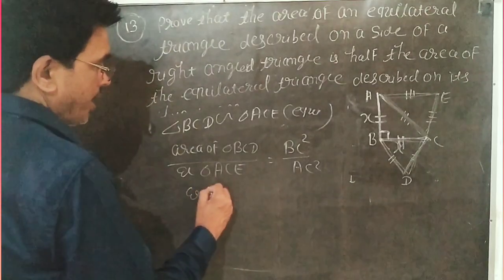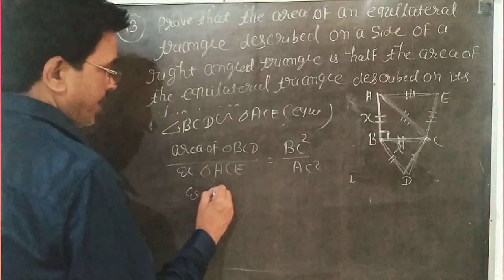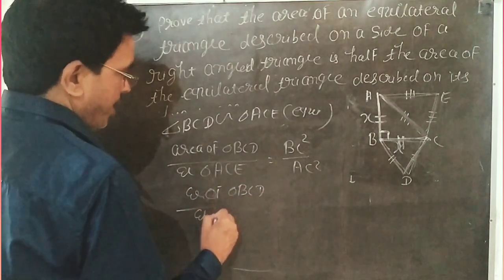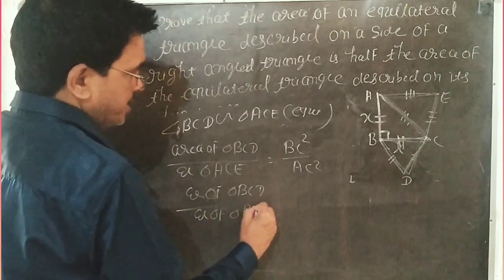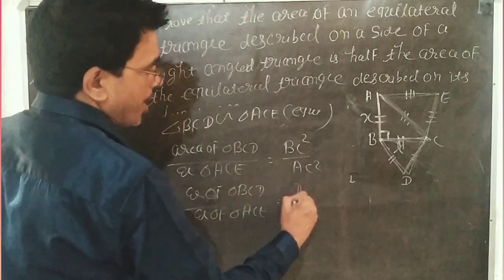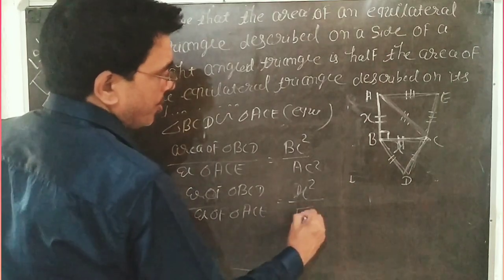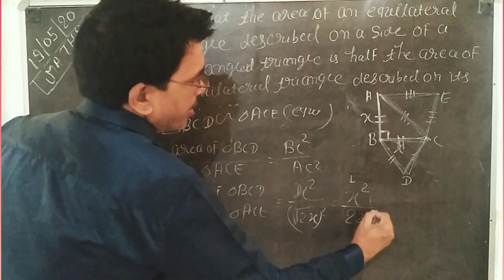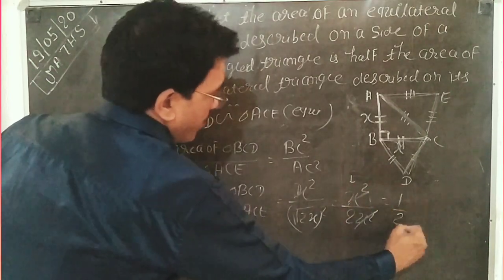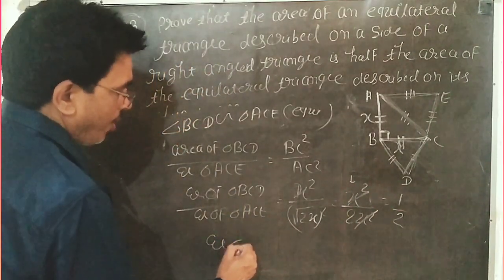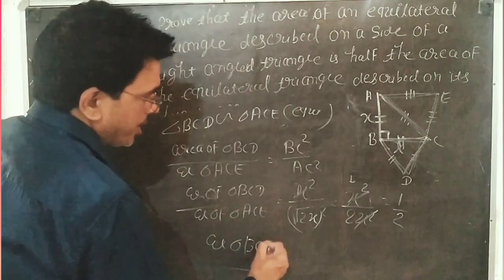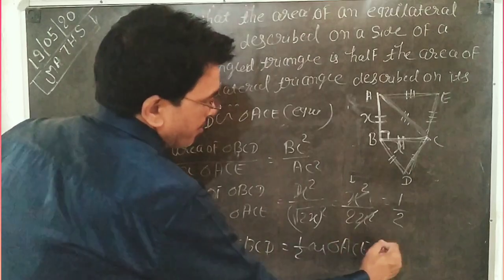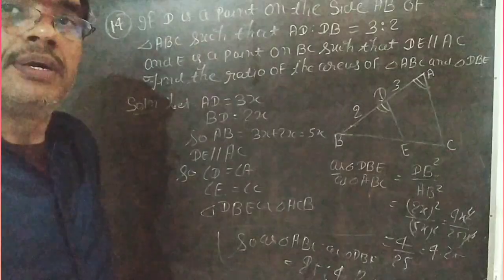So area of triangle BCD by area of triangle ACE is equal to x square by (root 2 x) whole square, that is x square by 2x square, that is 1 by 2. So area of triangle BCD is equal to half area of triangle ACE. That is the proof. It is your question.